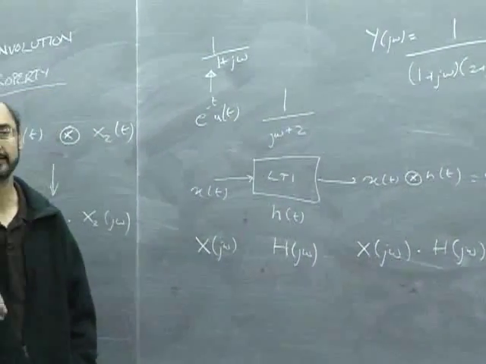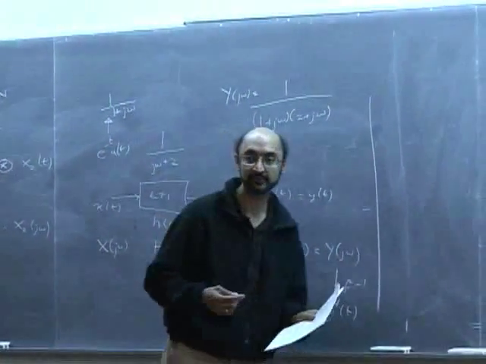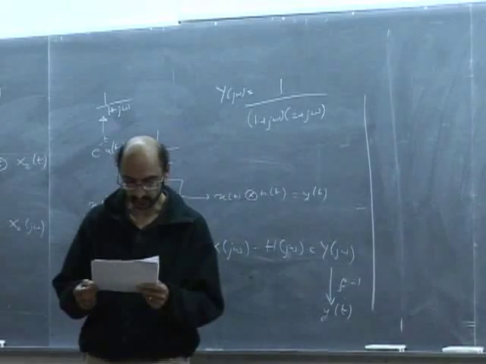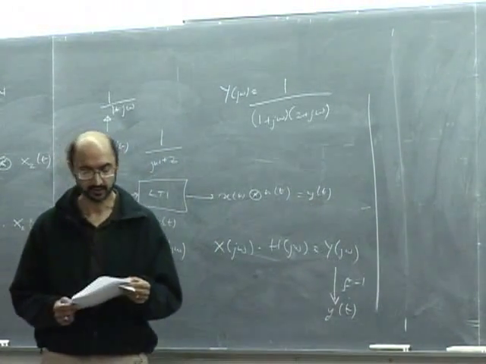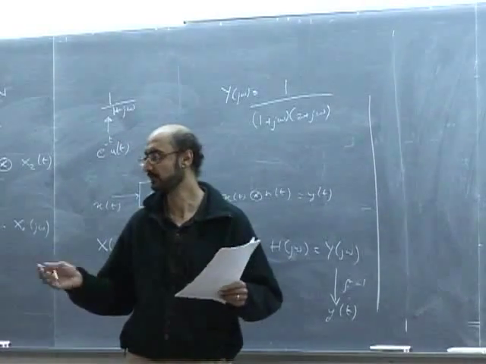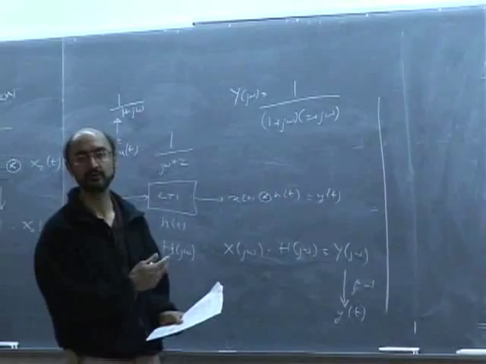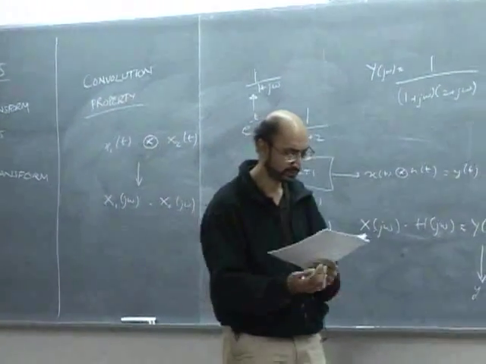To find the inverse transform of something that looks like this, 1 over two products, we use a technique called partial fraction expansion. How many of you have seen partial fraction expansions before? Okay, most of you have seen it. So I'm going to give you the solution, but when you do control theory, I'll go into partial fraction expansions a little bit more.